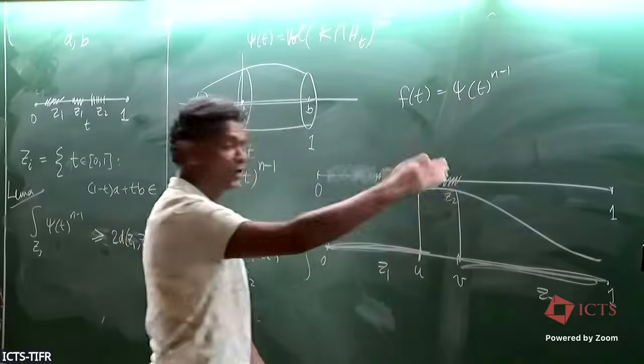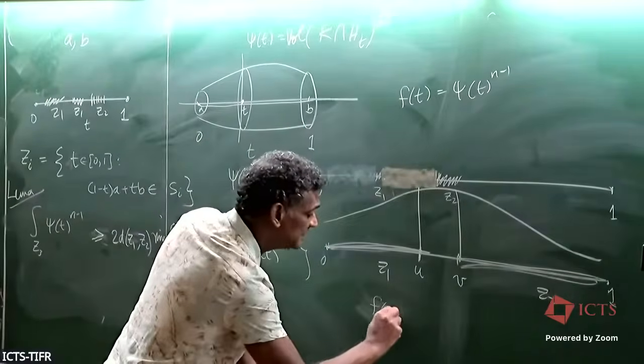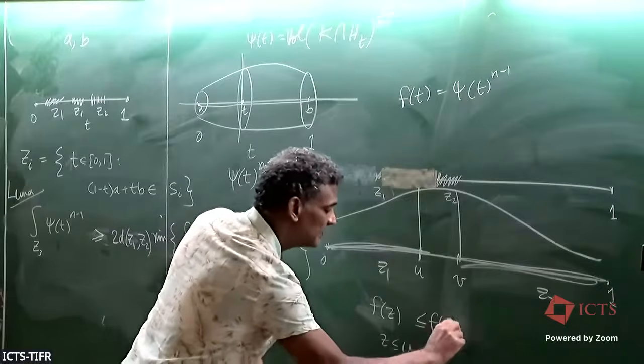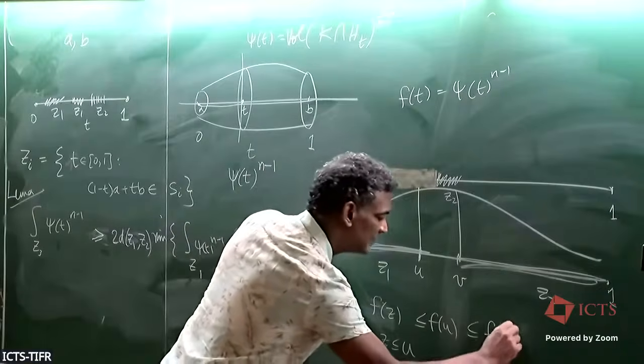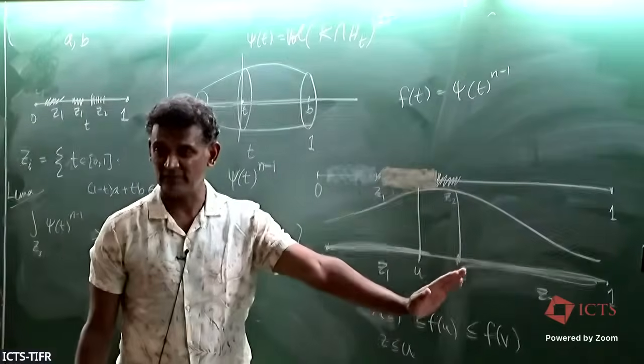I'm just using log concavity, so that's why I'm calling it that. It's log concave. And now f of z for z less than or equal to u is less than or equal to f of u, which is less than or equal to f of v. This is what I want to say. Either this is true or the opposite is true.